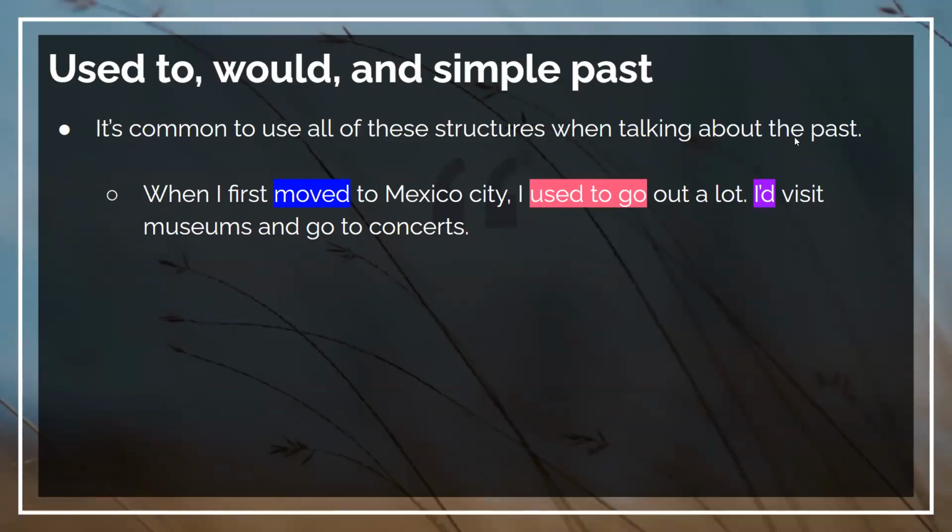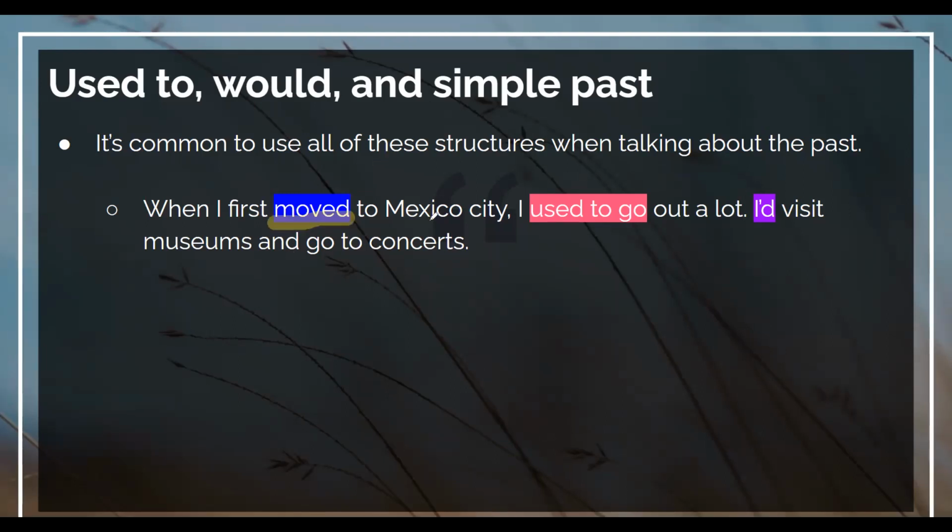It's common to use all of these structures when talking about the past. They aren't usually used in isolation. You can actually use different structures. Like when I first moved to Mexico City, that's past simple, I used to go out a lot, something that was very common of me, like a repeated action.